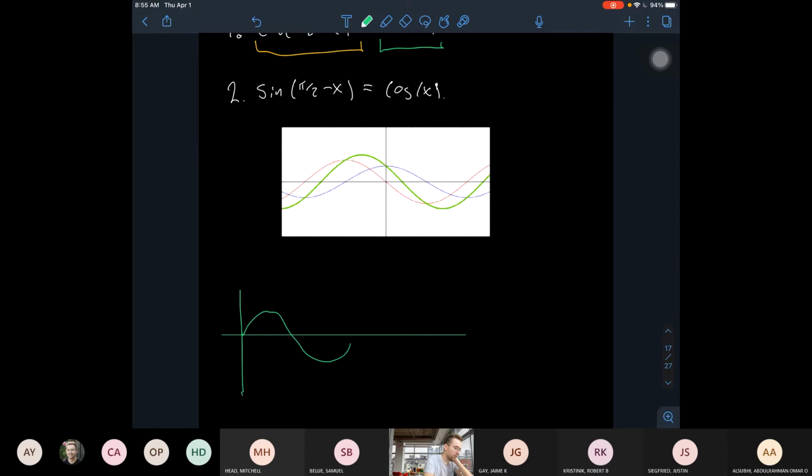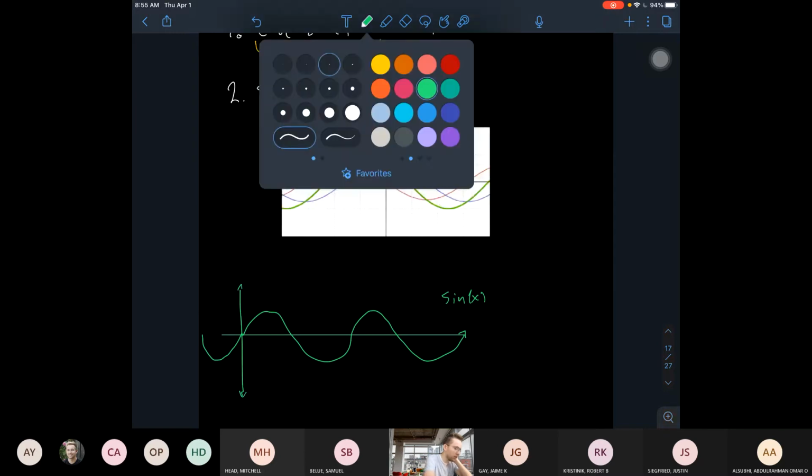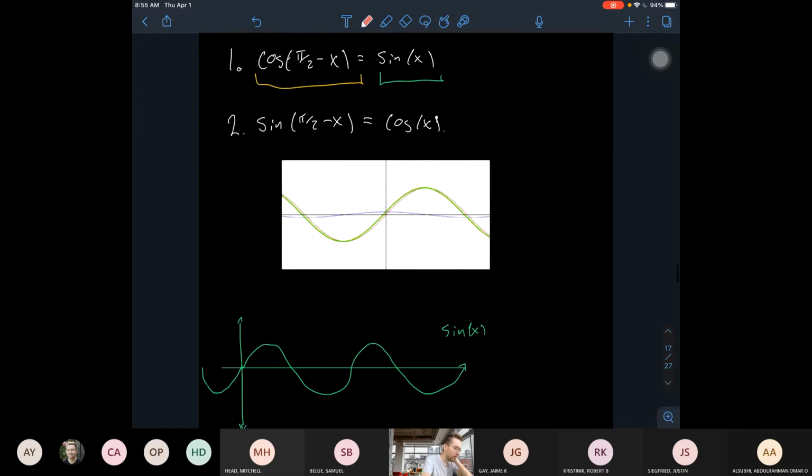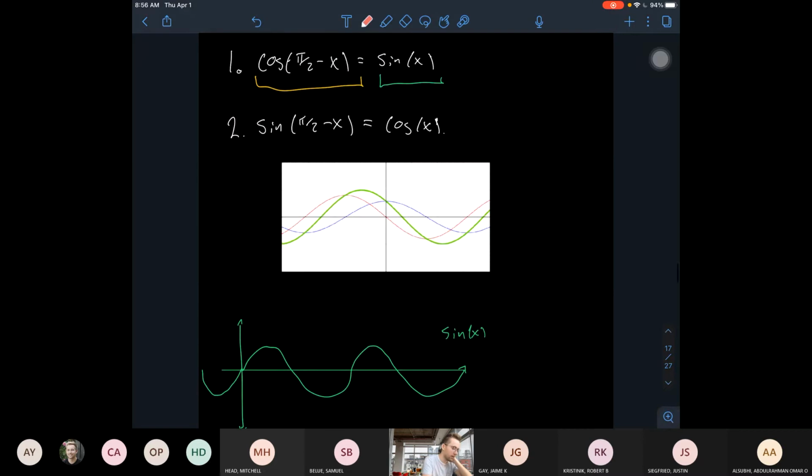Well, the sine function just looks like this, and so on and so forth. So here's sine of x. And now let's draw a cosine of x and transform it in the way that we see here.